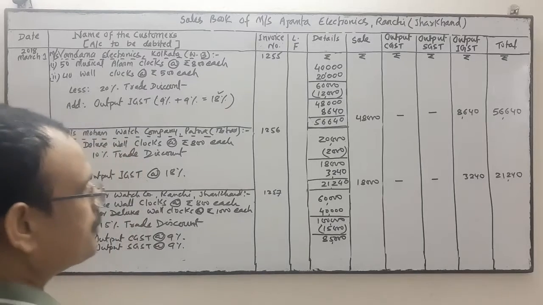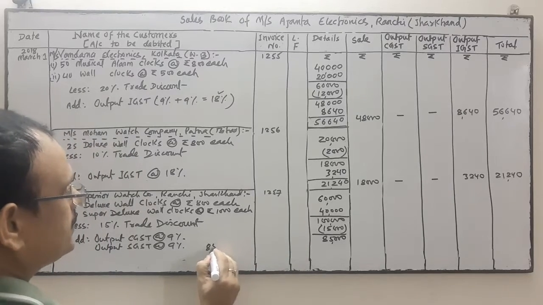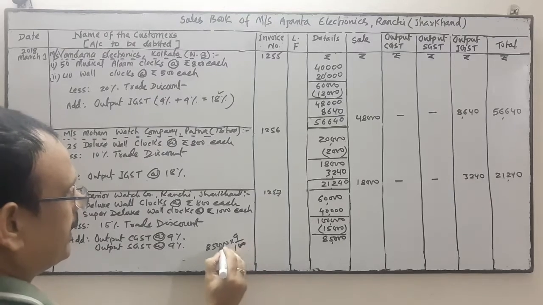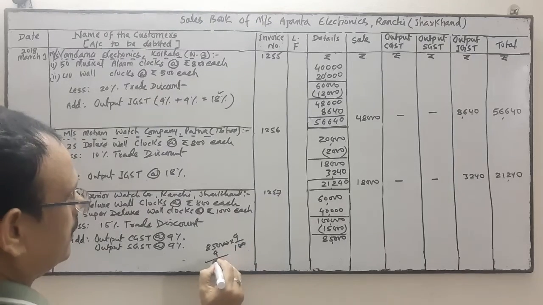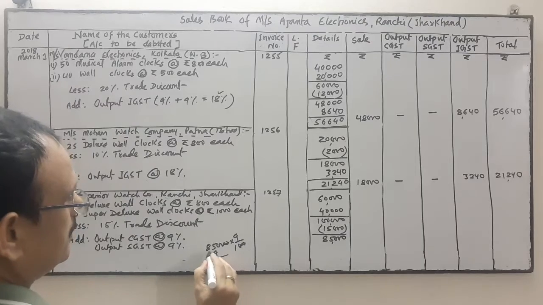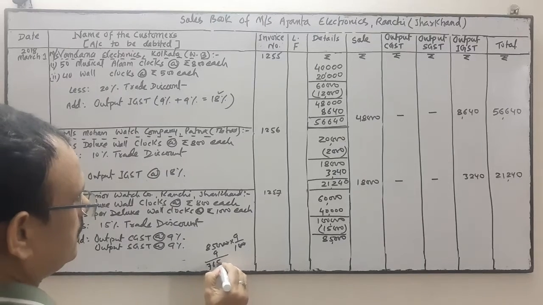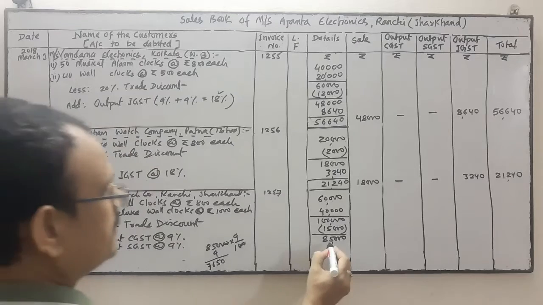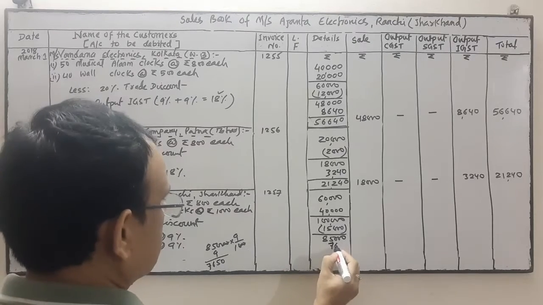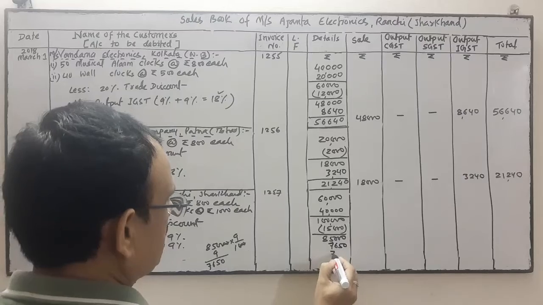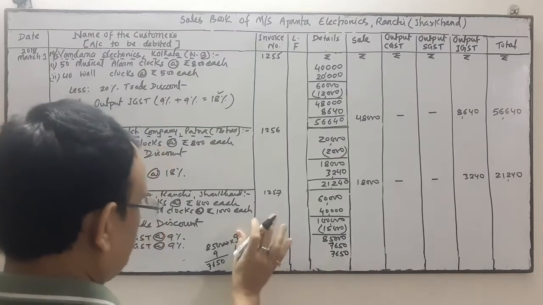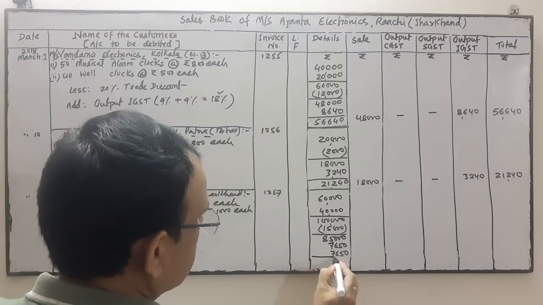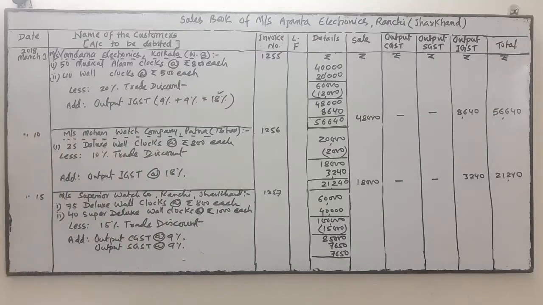So 9% of 85,000 is 7,650. Both are at the rate of 9%, CGST and SGST.